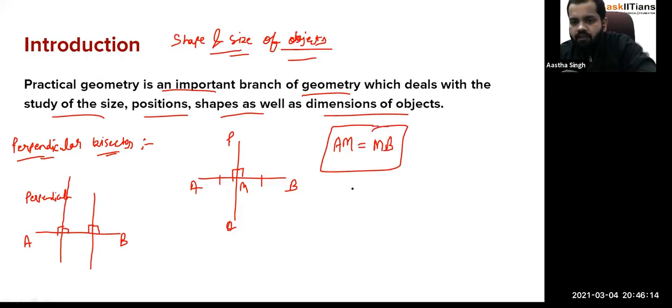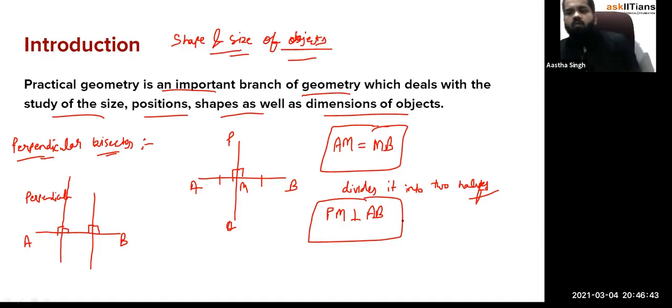Bisector means that it divides it into two halves. So basically AM is equal to MB, and PM is perpendicular to AB. This is the sign of perpendicular. So this is what perpendicular bisector means. How to construct it, we will study later on.